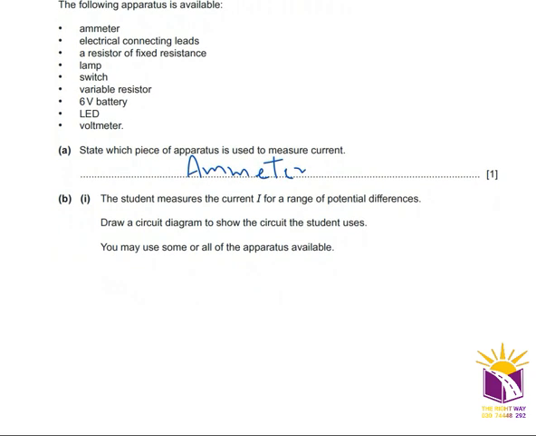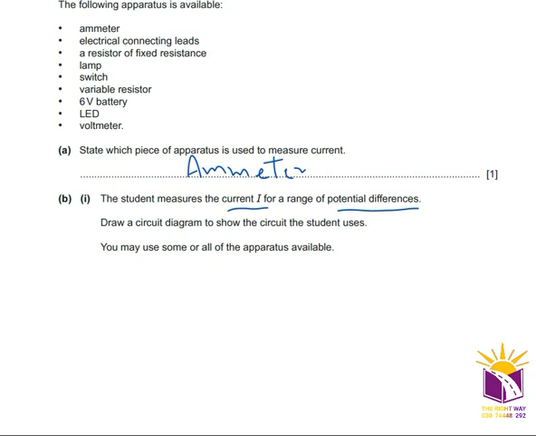The student measures the current I for a range of potential differences, current against potential difference. Draw a circuit diagram to show the circuit the student uses. You may use some or all of the apparatus available.